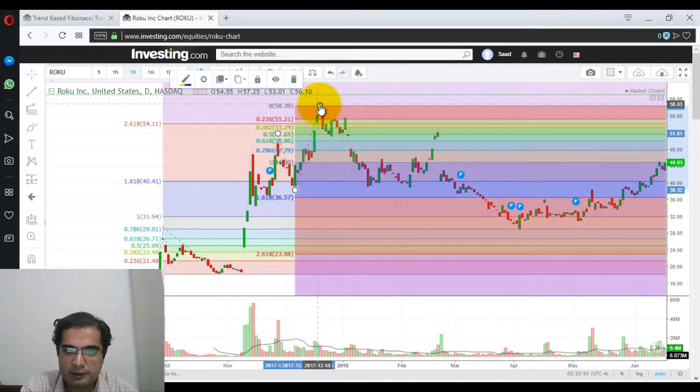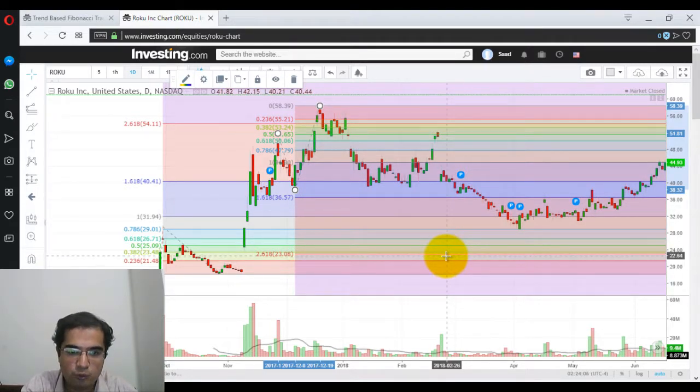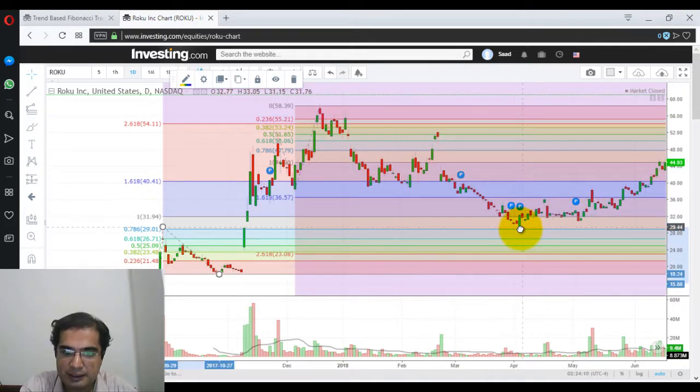Now if you look at it, these are higher highs, but the price, once it started to fall down, you can easily see this number, the lowest low that we picked. After this number, the price predicted this low to $23.80, but it never hit that. The price just jumped off from this low.